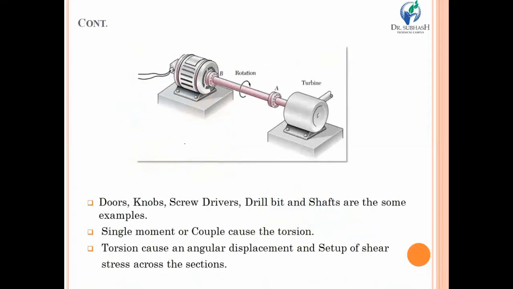Similarly, if we take one more example, there is an electric motor, and power or torque from the electric motor needs to be transferred to a turbine. For transfer of that torque or power, we have used one shaft, a transmission shaft. It is coupled at point A and point B by using couplings.